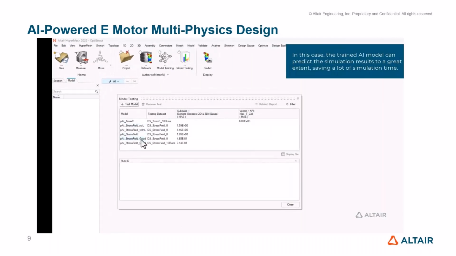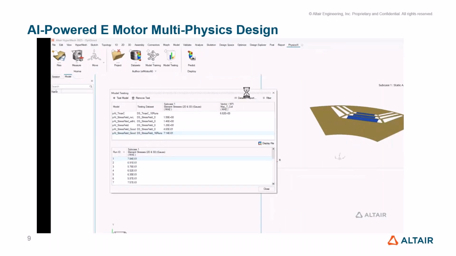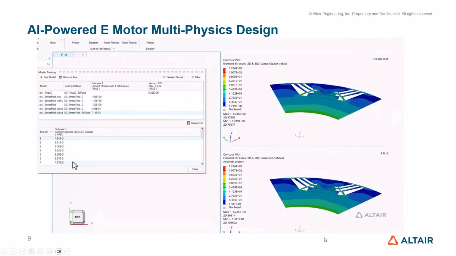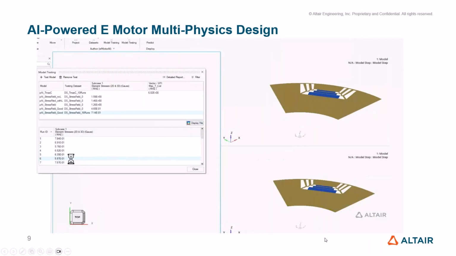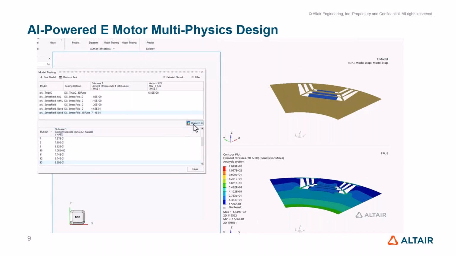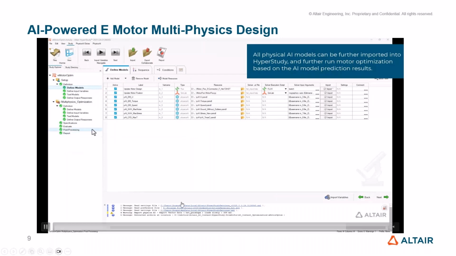Once you have the trained model, you can also verify what physics AI is predicting against the true value. And once you confirm that it is predicting well, you don't need to adjust your model's hidden layers or number of epochs. You can call all the physics AI models of the quantities that you already created using physics AI.